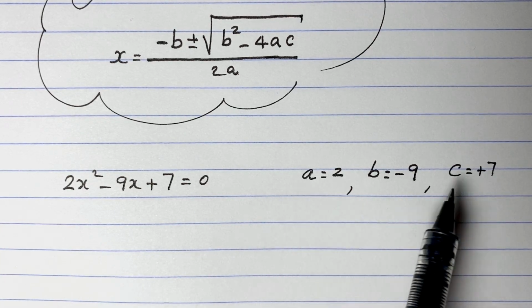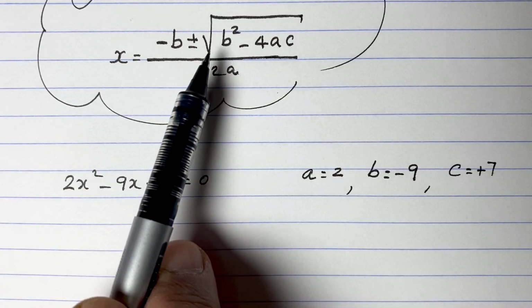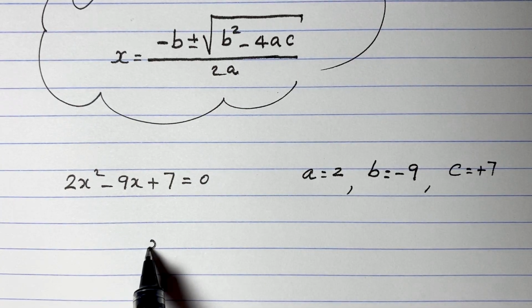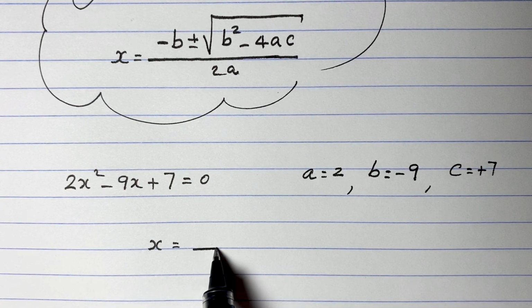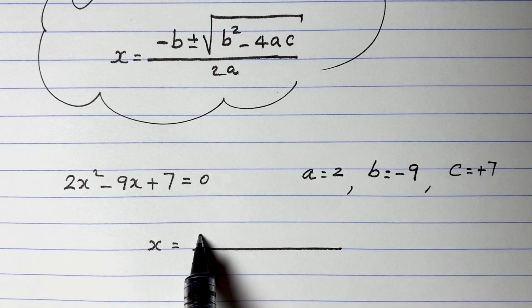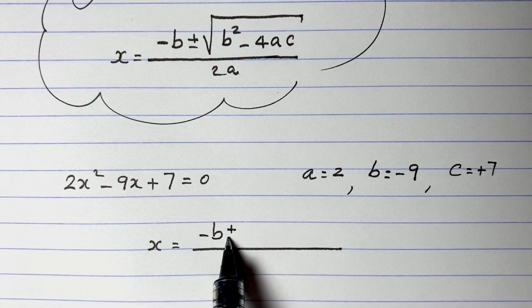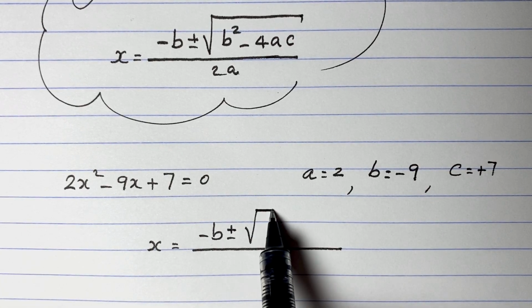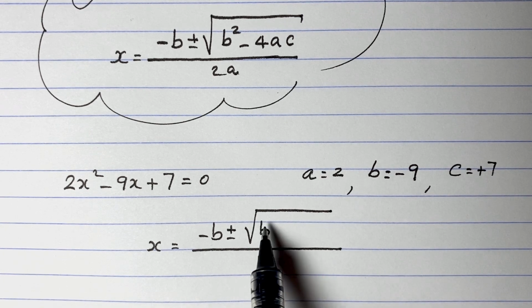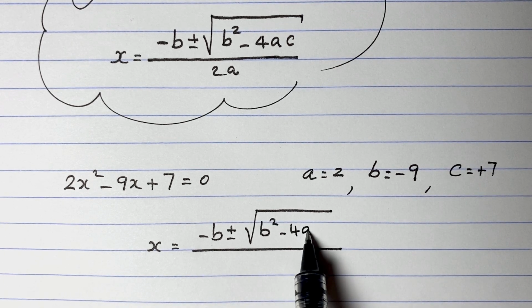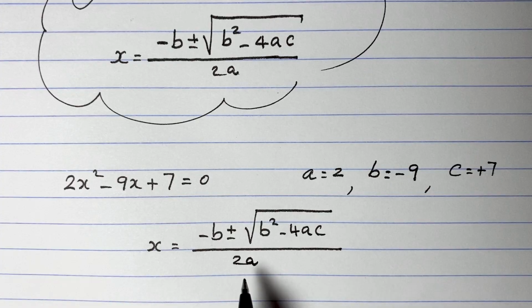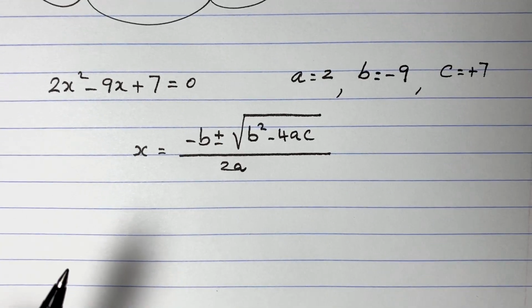These are the letters that you want to replace in this formula. So let's write the formula, which is minus b plus and minus square root of b squared minus 4ac, divided by 2a. So we replace now.